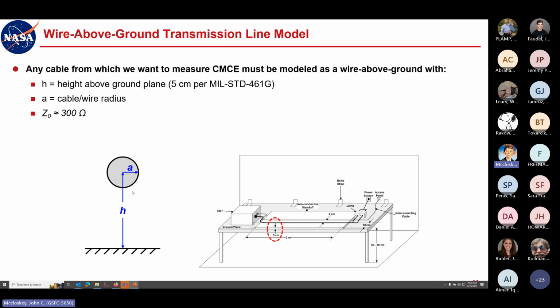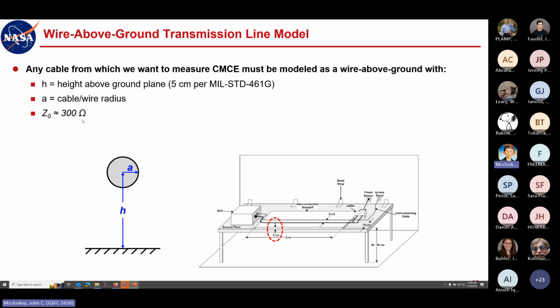And it's a logarithmic relationship, a function of h over a, the height above the ground to the cable radius. And because it's logarithmic, there's a fair amount of slop. The h over a can vary a decent amount, and you're still right around 300 ohms, give or take.